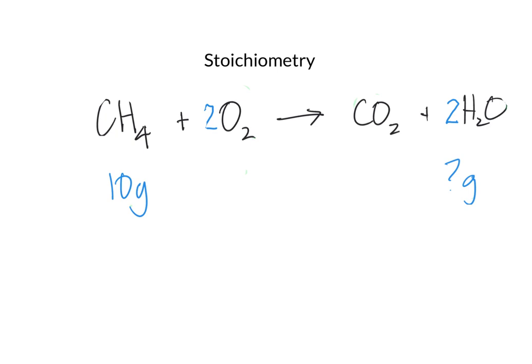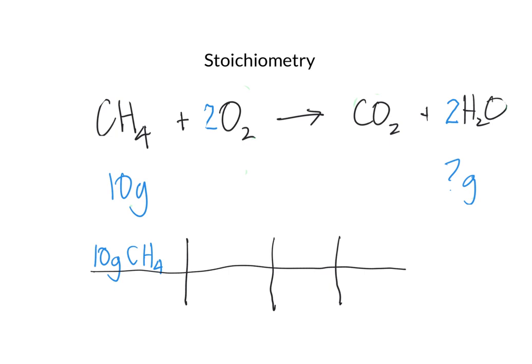Typically the way we do this is we use dimensional analysis. So our given is 10 grams of CH4. So that's what I'm going to start with. I'm going to use the train track method, as it's often called, where I don't put the multiplication symbols in here, but that's what we're doing, essentially.